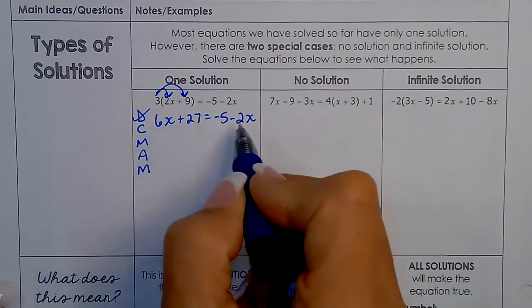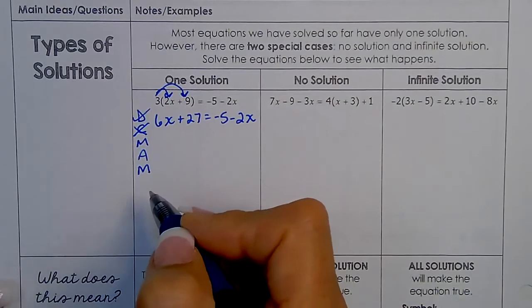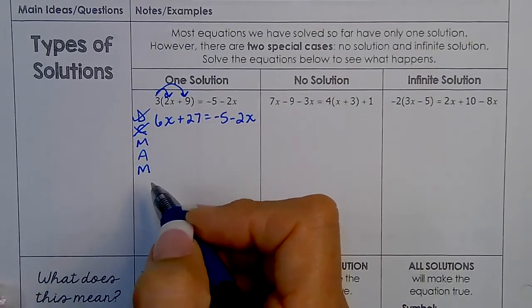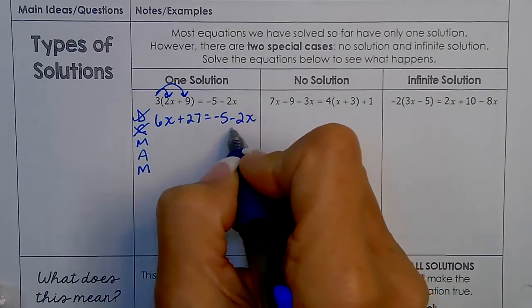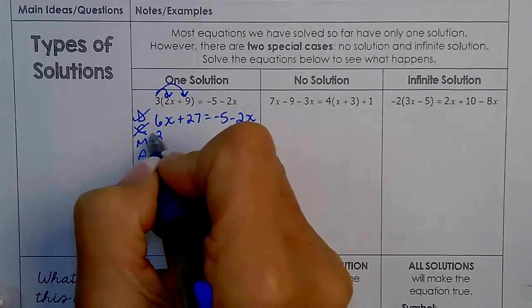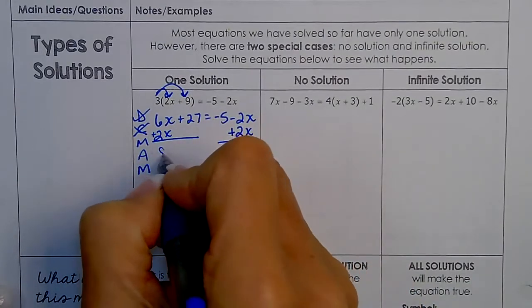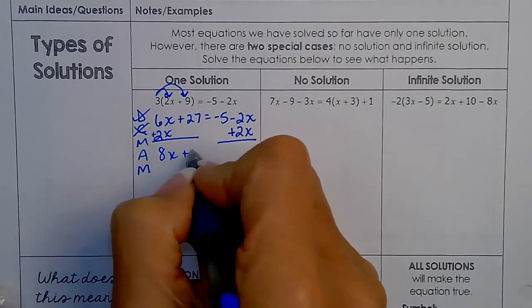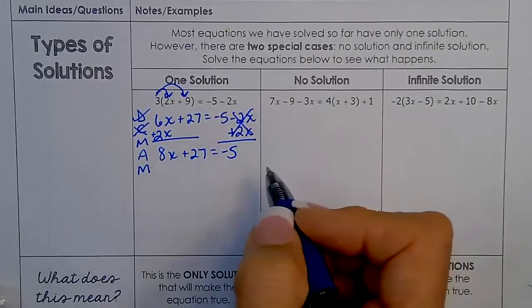These cannot be combined and these cannot. So I'm going to skip that step and move to move terms. So this is my smaller variable, so I'm going to move it by adding 2x to both sides. So I get 8x plus 27 equals -5.